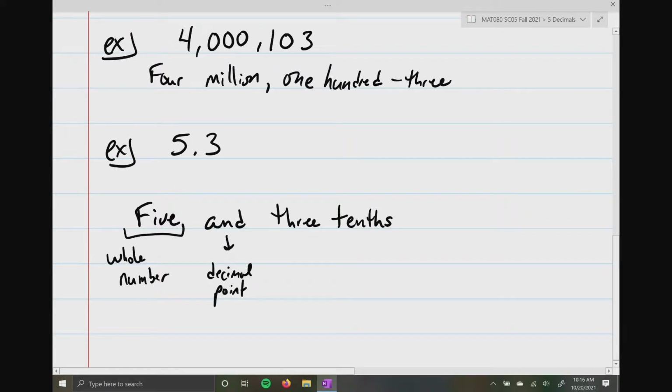And the part that really will trip us up is going to be the very last part, which is the decimal place. So whenever we're writing numbers, you always just write what the number is, like 3. And then whatever position, whatever place value that 3 is located in, that's going to be the last word you write. So in this case, it's 5 and 3 tenths. All right?